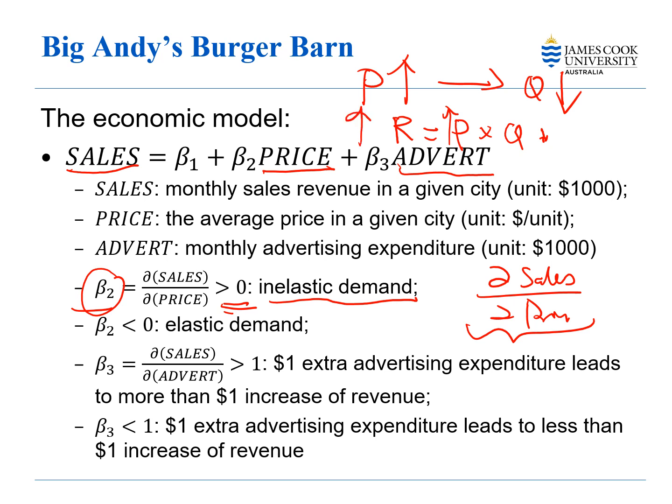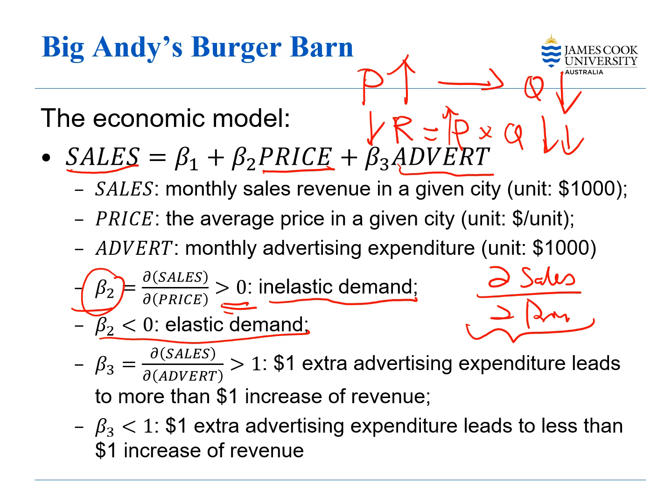So if beta 2 is positive, then demand is inelastic. In contrast, if demand is elastic, an increase in price will result in more than a 1% decrease in quantity, then sales revenue will decrease. So beta 2 would be negative.